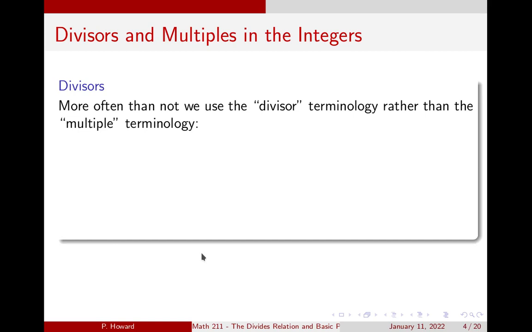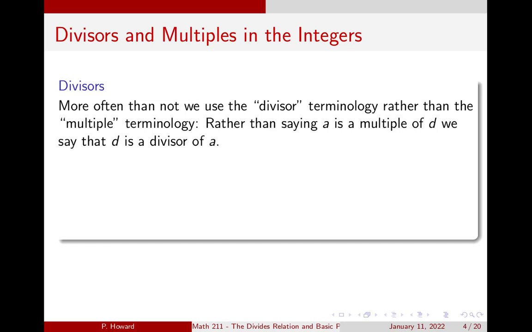Usually we use the terminology of divisors rather than multiples when we are talking about this concept. So rather than saying A is a multiple of D, usually we will say D is a divisor of A. For example, 4 is a divisor of 20 because 20 is a multiple of 4.